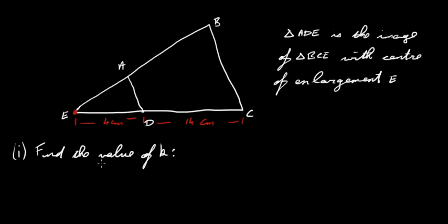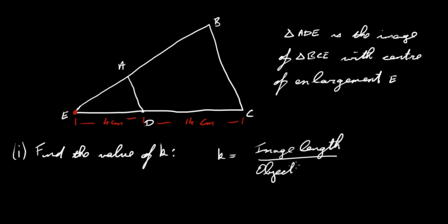So in other words, find the scale factor. So we know we have two formulae in this particular topic, and the first one is k is equal to any image length divided by the corresponding object length.